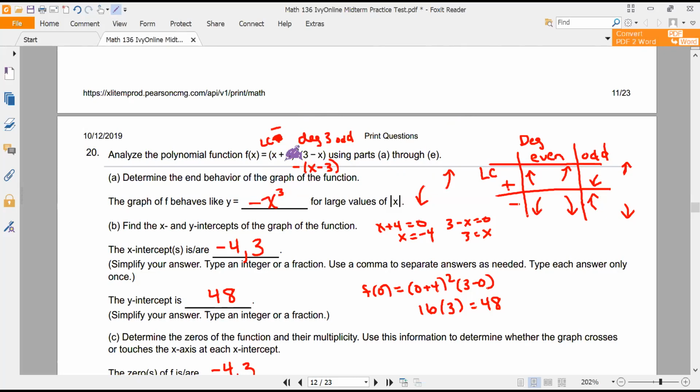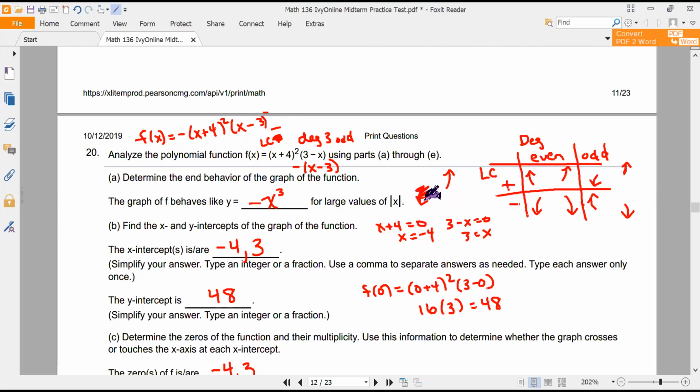That does matter for the graph. So anytime your x is not listed first, you need to fix that. So my function should be rewritten as a negative, then x plus 4 squared. Little details. Now, when I factored this out, I switched the order, so it was negative x plus 3, and then I pulled the negative out. So that still makes it an x minus 3, but this negative has been pulled out to the front.